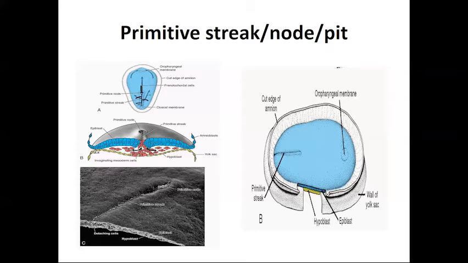And if you see this lower picture, you see the primitive node, then the primitive streak, the epiblast cells and the hypoblast, and these cells which enter and detach, separating out the epiblast and the hypoblast completely and forming another layer in between these two, which we are going to call the mesoderm. In this picture: the node, the streak, cells entering from the epiblast.